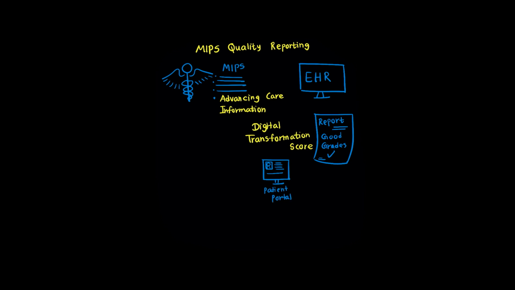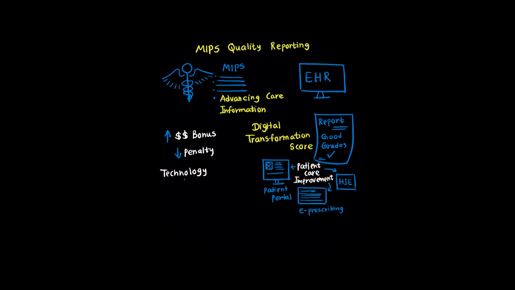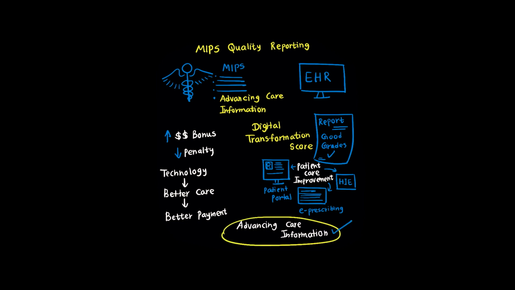This includes patient portals for engagement, electronic prescribing for safety, and health information exchange for coordination. It's not just having the technology, it's using it to advance care. Providers who excel get payment bonuses. Those who don't face penalties. Technology adoption directly impacts the bottom line through better patient-centered care.